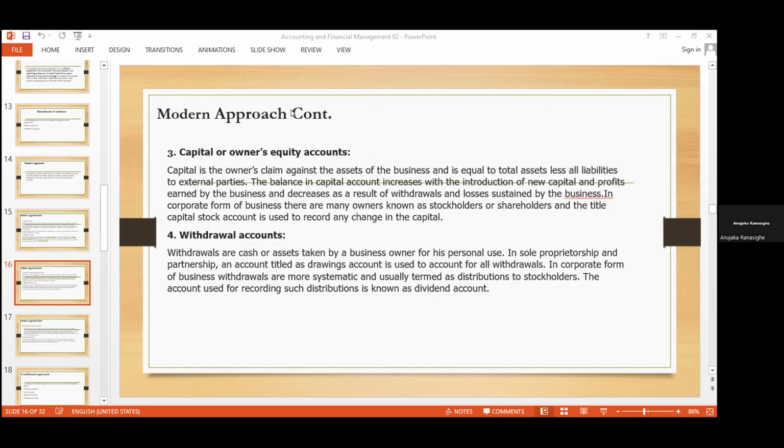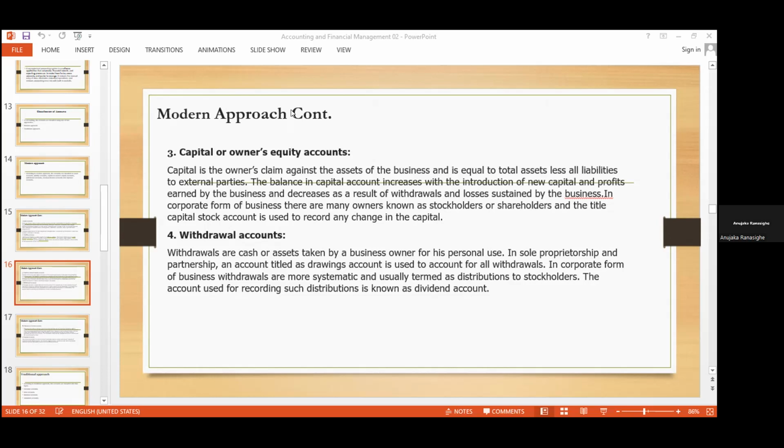Owners capital and equity increase or decrease. All the transactions are entered in the capital and owners equity accounts.